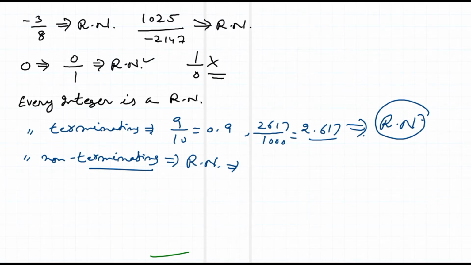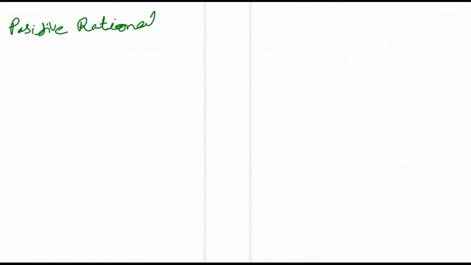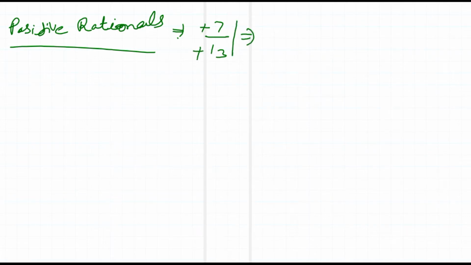The next thing we are going to discuss here is positive rationals. What are positive rationals? Students, if I write a fraction like this, where the numerator is positive and the denominator is positive, it is a positive rational.